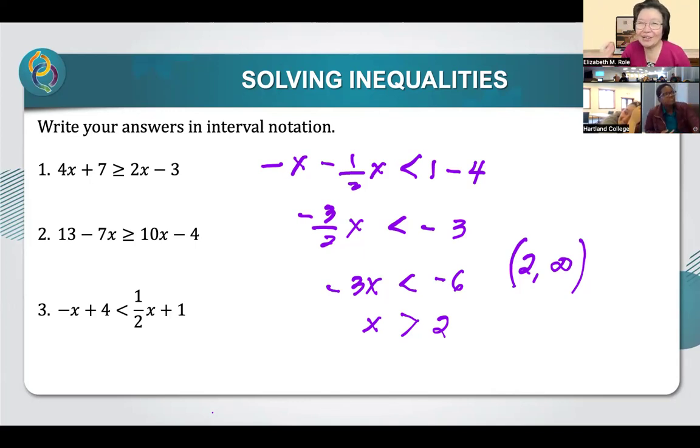All the rest will be solving equations, quadratic equations by factoring, by zero property, by completing the square and the quadratic formula, and the absolute value equations and inequalities.